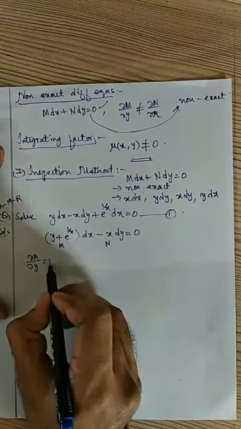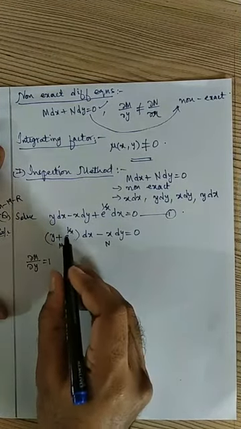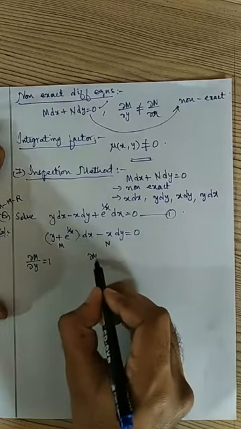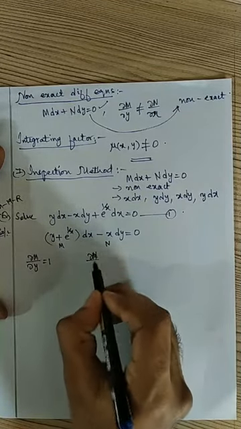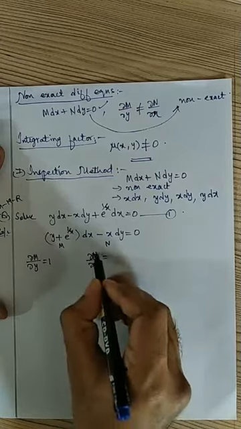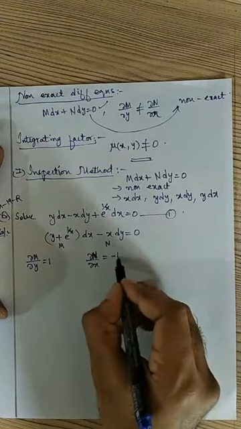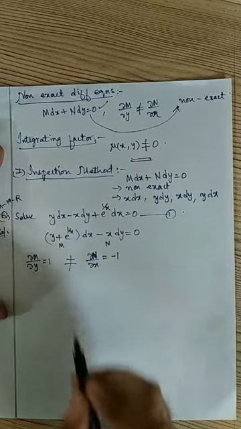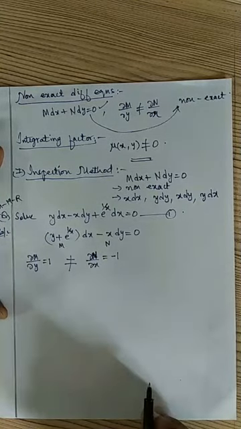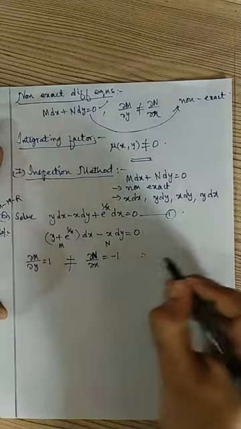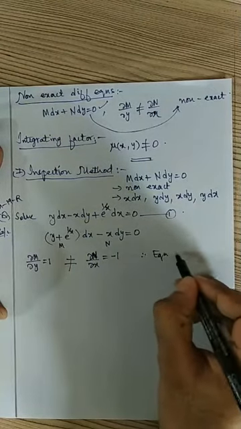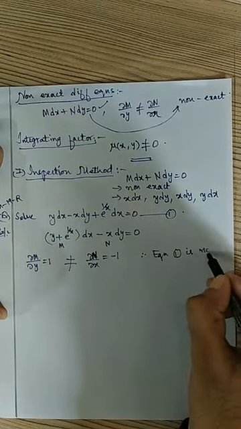Derivative of y is 1, derivative of e power 1 by x is 0. Similarly ∂N/∂x: derivative of minus x is minus 1. You can observe that these two are not equal. ∂M/∂y is not equal to ∂N/∂x. Therefore, equation 1 is non-exact.